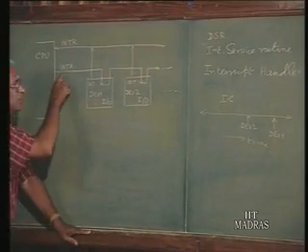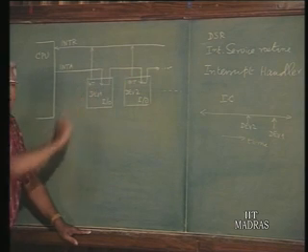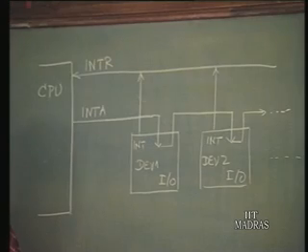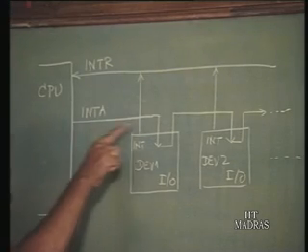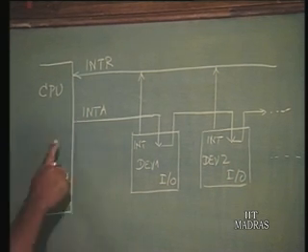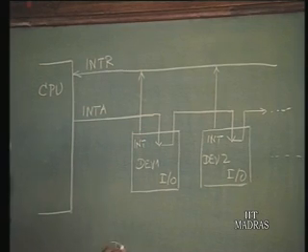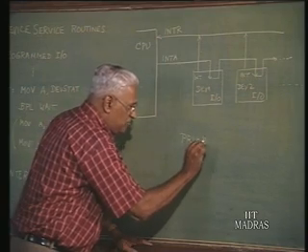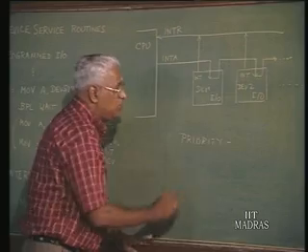Mainly because this is the route by which the interrupt acknowledge signal goes. In other words, this is nothing but hard wiring of the priority of the device. This is nothing but defining the priority of this device. How?